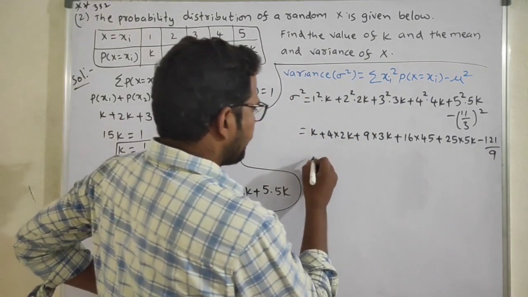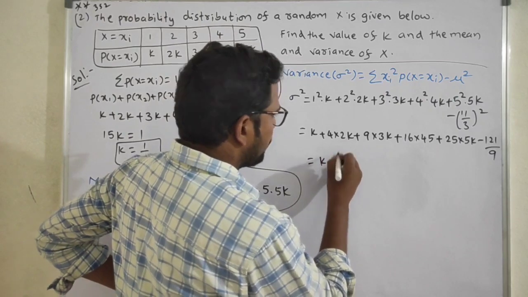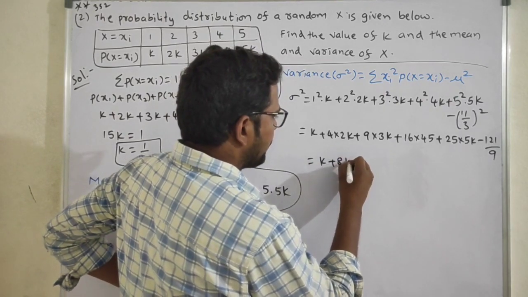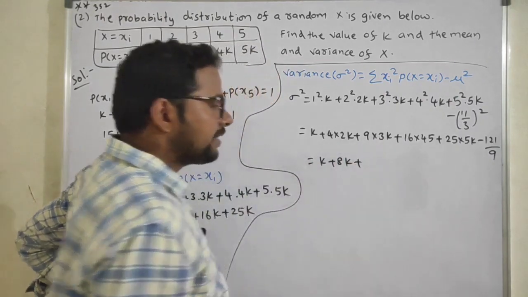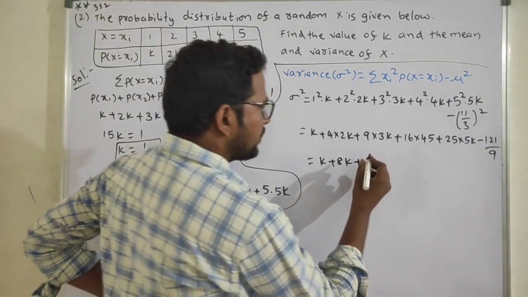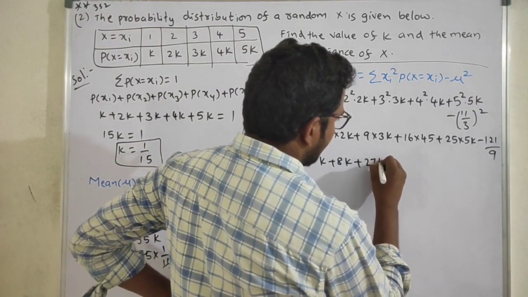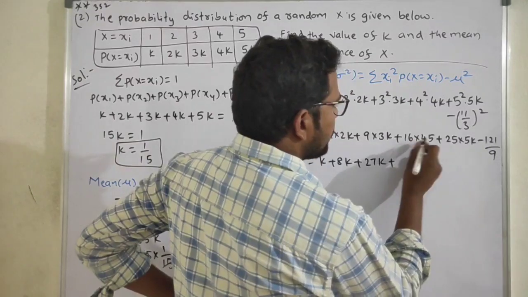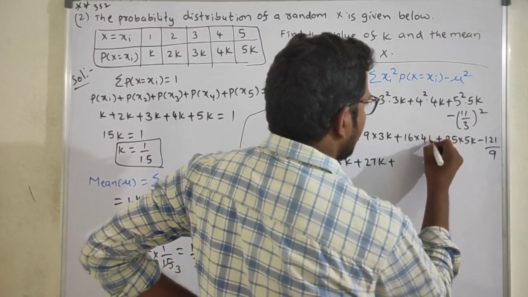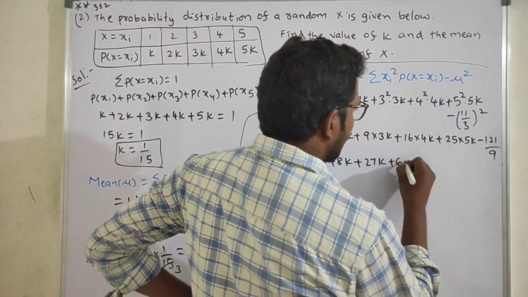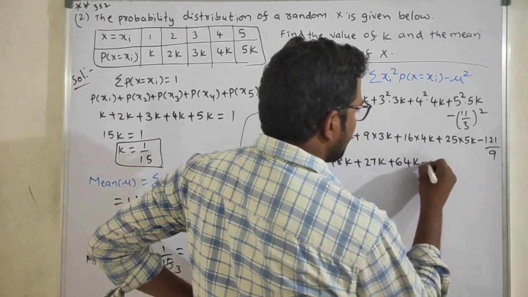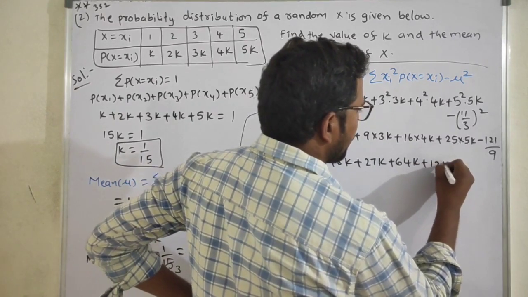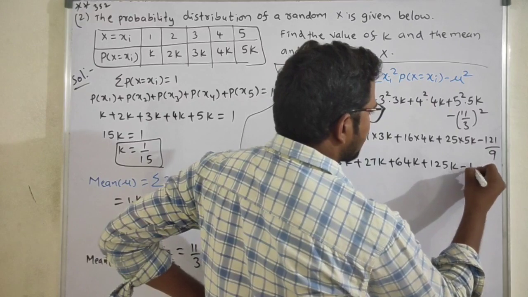So k plus 4 twos are 8k, plus 9 threes are 27k, plus 16 fours are 64k, plus 25 fives are 125k, minus 121 by 9.